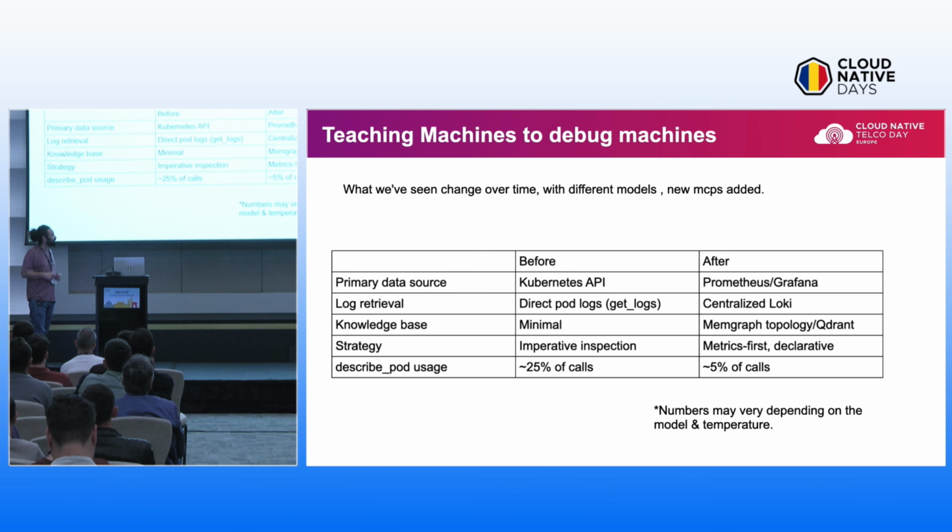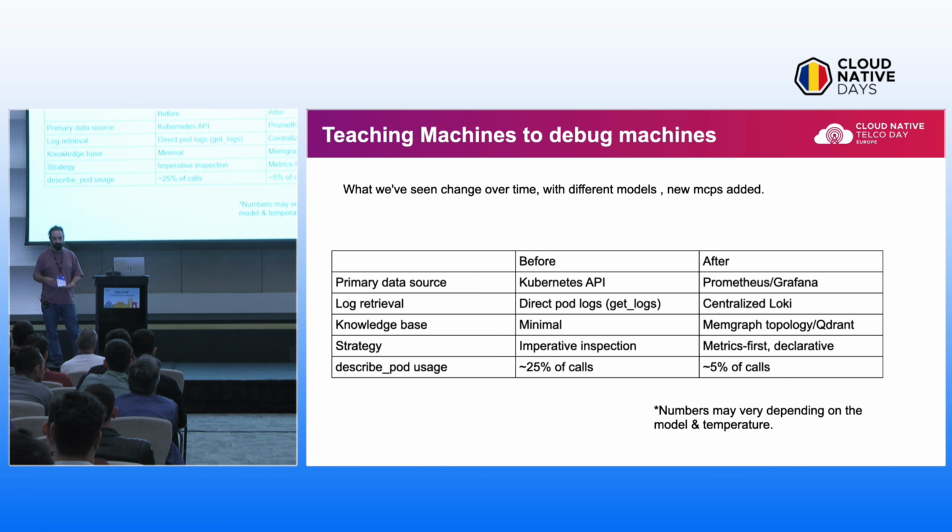What we've seen as more MCPs got added, because like I said, initially it was just the Kubernetes one, is that it sort of switched from just checking what's running at that time in the cluster, and also started to look a lot in Grafana at the metrics level and basically the trends and statistics and everything like that.